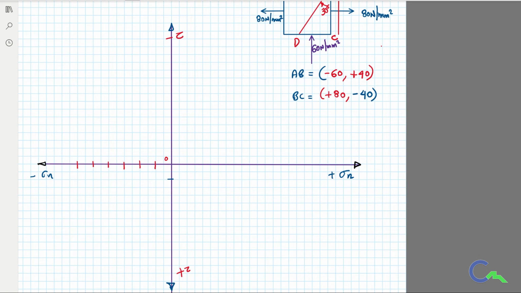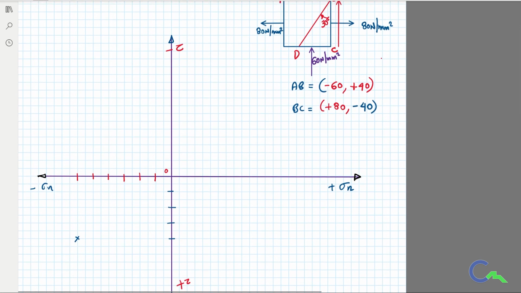So plus 10, plus 20, plus 30 and plus 40. If I take these 2 points, I am going to get point A as minus 60, 40. One more point we have to locate, that is plus 80, minus 40.